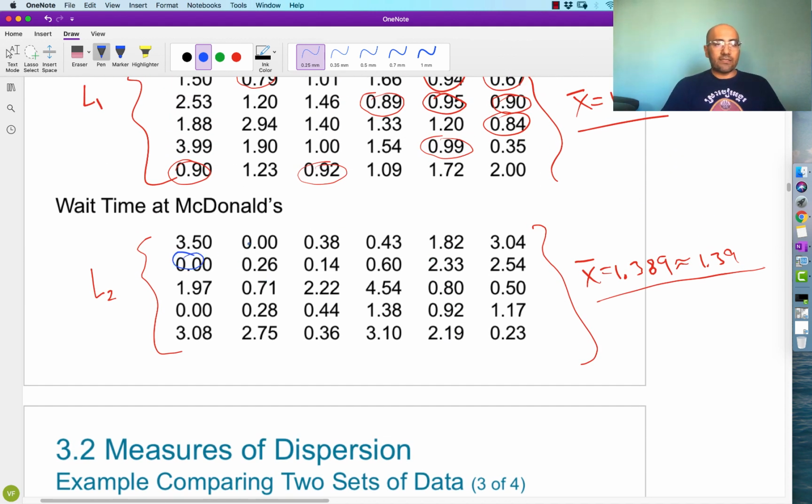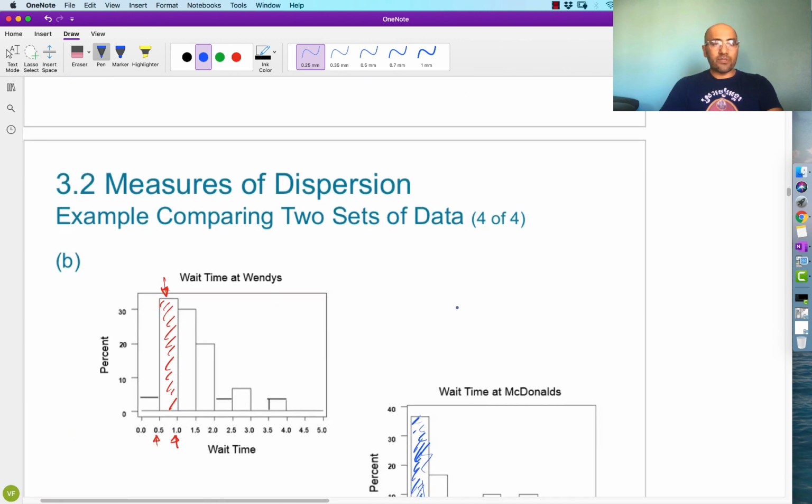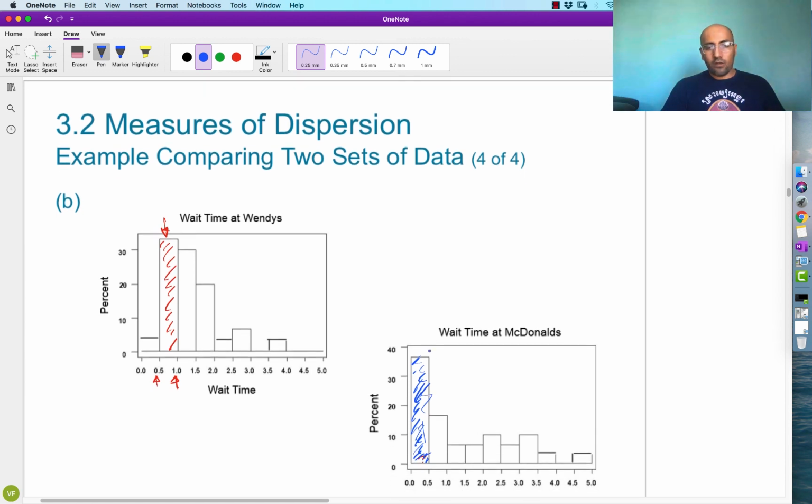0 and half. That's this one, this one, this one, and so on. Let's include that one. Oh, no, this one as well. So all these circled blue values are being represented by this tallest rectangle, right?